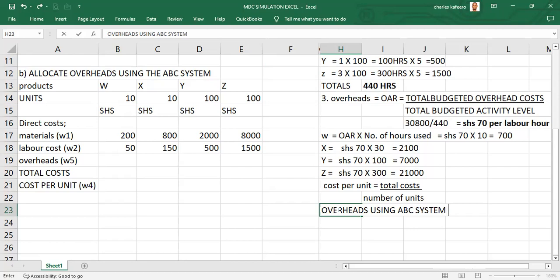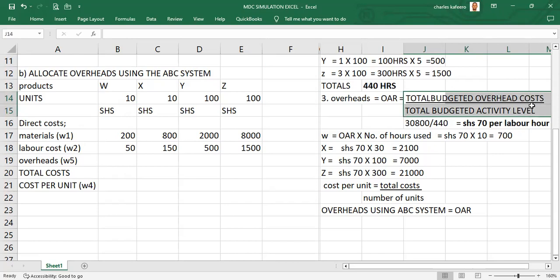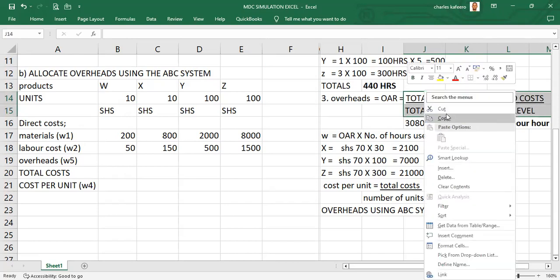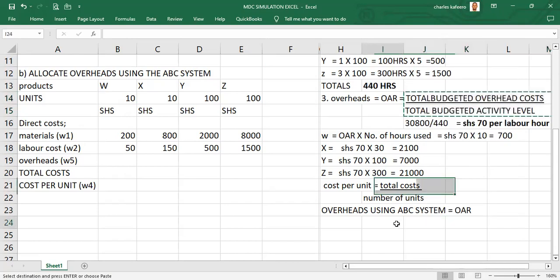And we said it is also the same, we get the OAR, but this time it's going to be the budgeted overheads still, but we are going to use it for each item. So we can copy this one, just the same way we had it there.